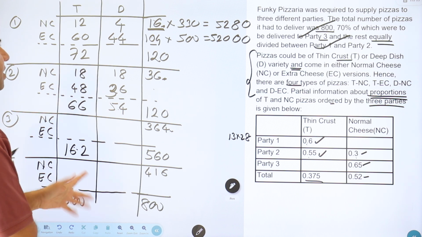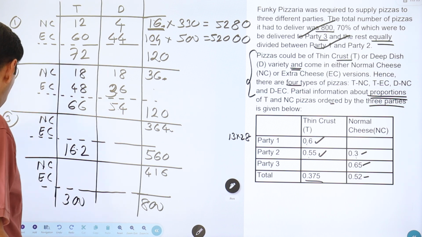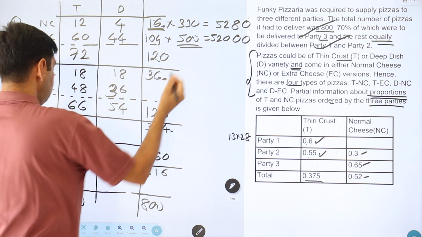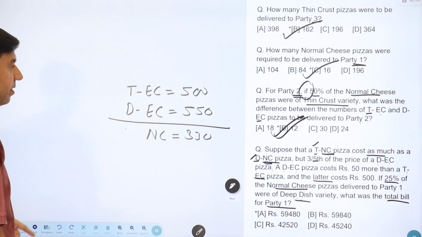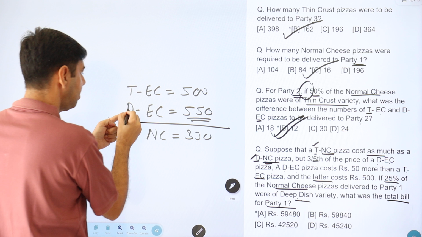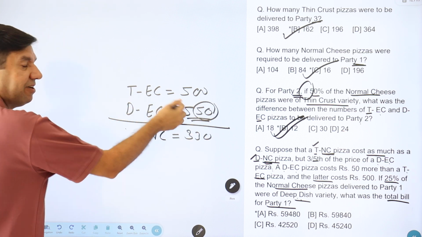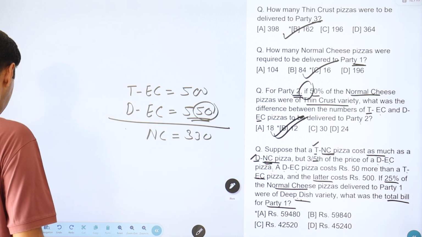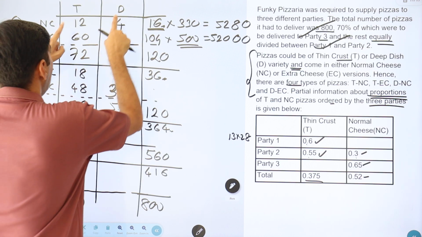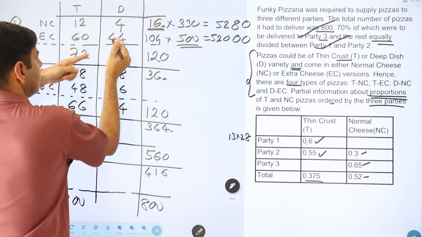Yes. Right? Now, where do I pay extra? Where do I pay 550? I pay 550 on deep dish extra cheese. I pay 50 extra. 500 I've already taken care of. 50 extra on deep dish extra cheese.